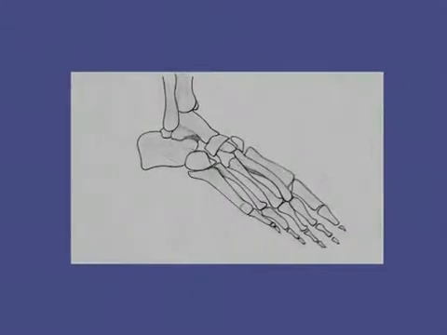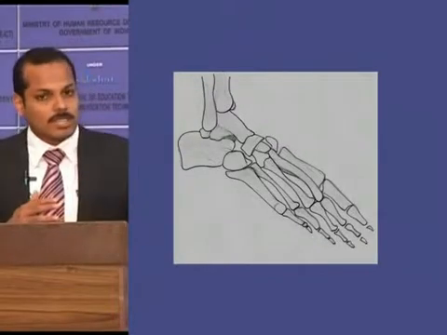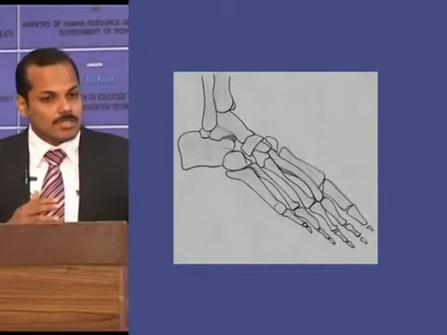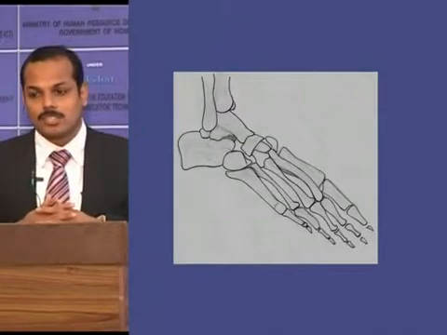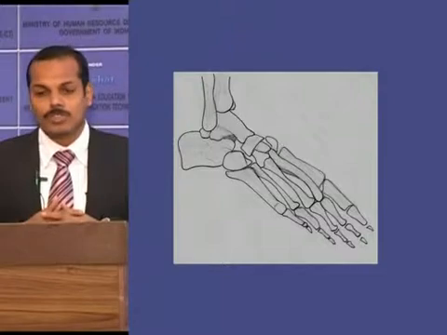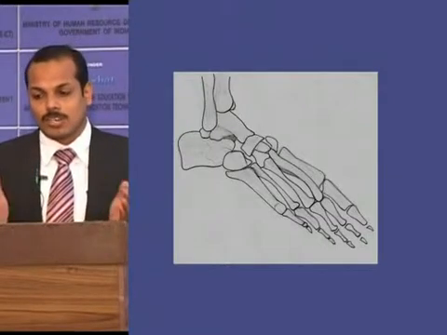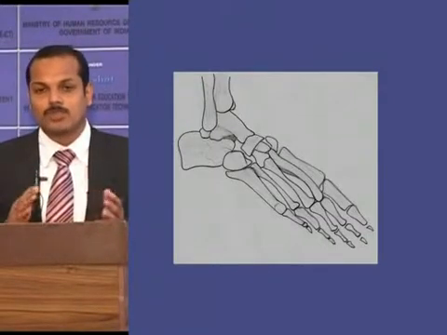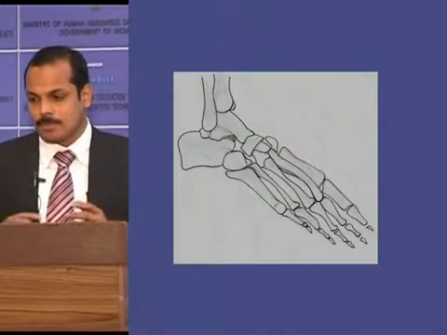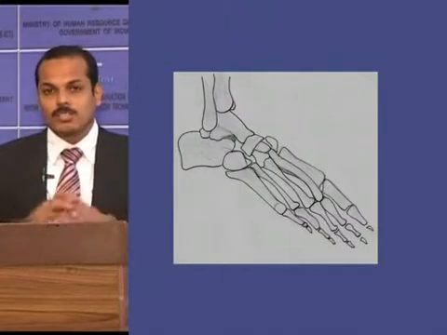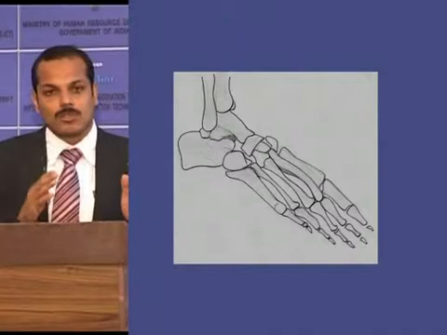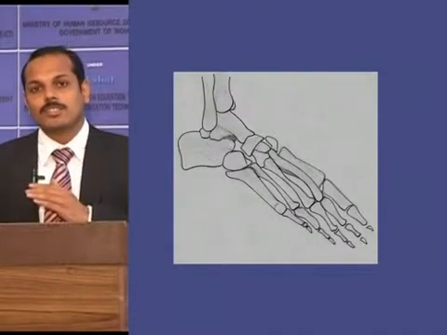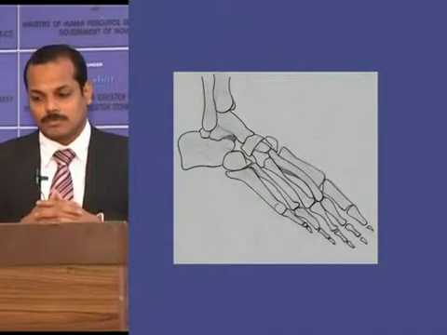Then the talonavicular and calcaneocuboid joints, also called the transverse joint, the tarsometatarsal joints, metatarsophalangeal joints and interphalangeal joints, making a total of 25 joints containing 28 bones.